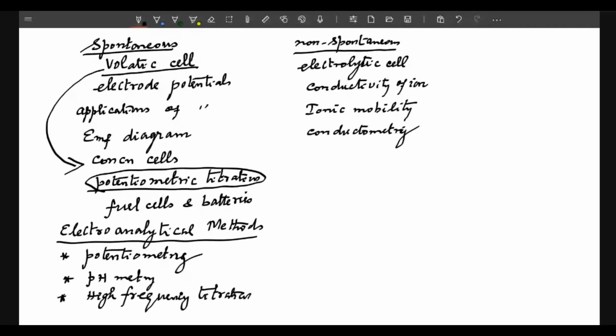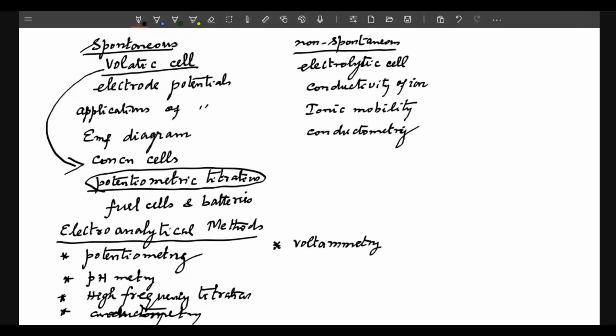This application we will see under the non-spontaneous reactions, conductometry. Then voltammetry. And this voltammetry comprises a group of electroanalytical methods.